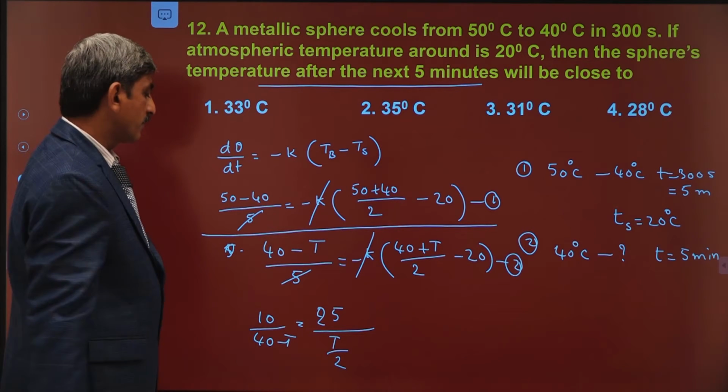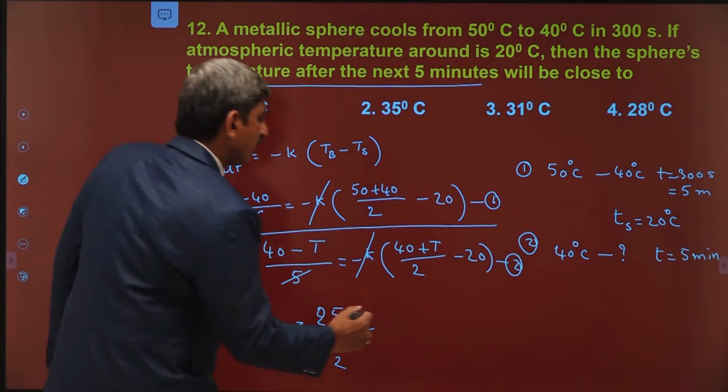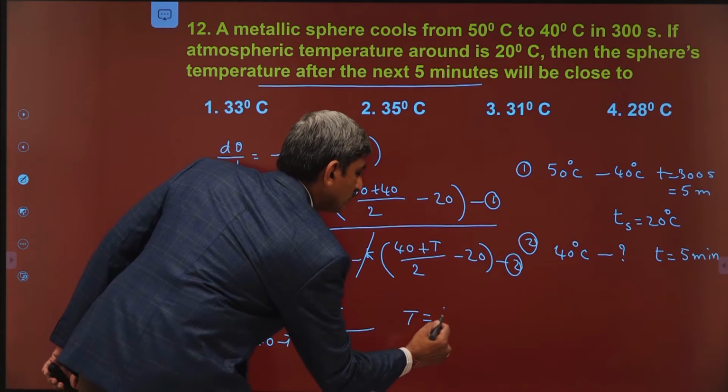So make it cross multiplication, and after simplification we get the unknown temperature T is equal to 100 by 3.